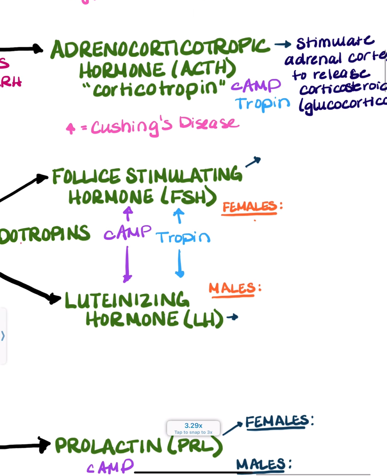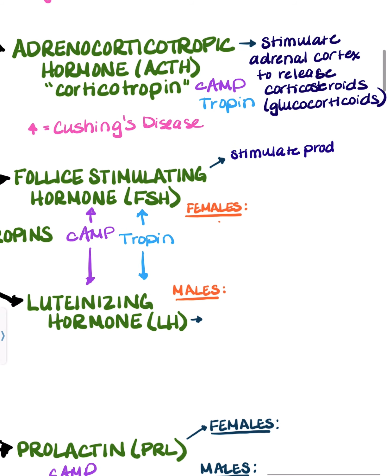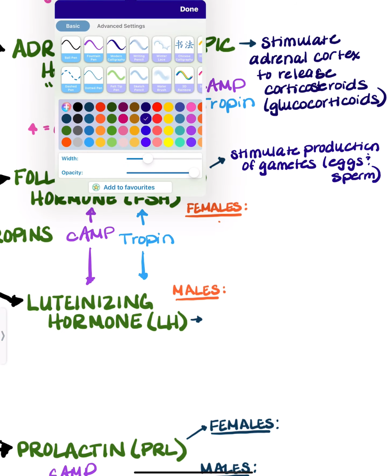The follicle stimulating hormone, it doesn't matter what sex you are, male or female, basically functions to stimulate production of your gametes, which are basically your eggs and your sperm. That's what it does in both sexes.